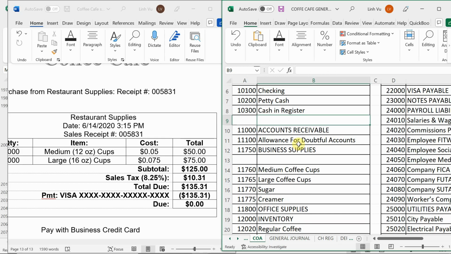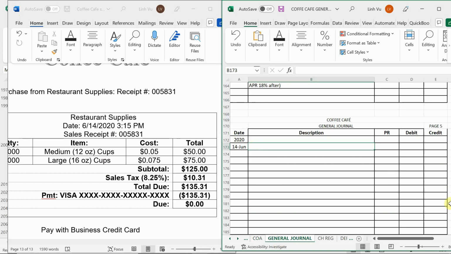I bought some medium coffee cups and some large coffee cups. In this case, that's exactly what I purchased, and I used my Visa credit card to make a payment for it. So I'm going to record that I have some medium coffee cups and some large coffee cups, and I used my Visa credit card to pay for it.